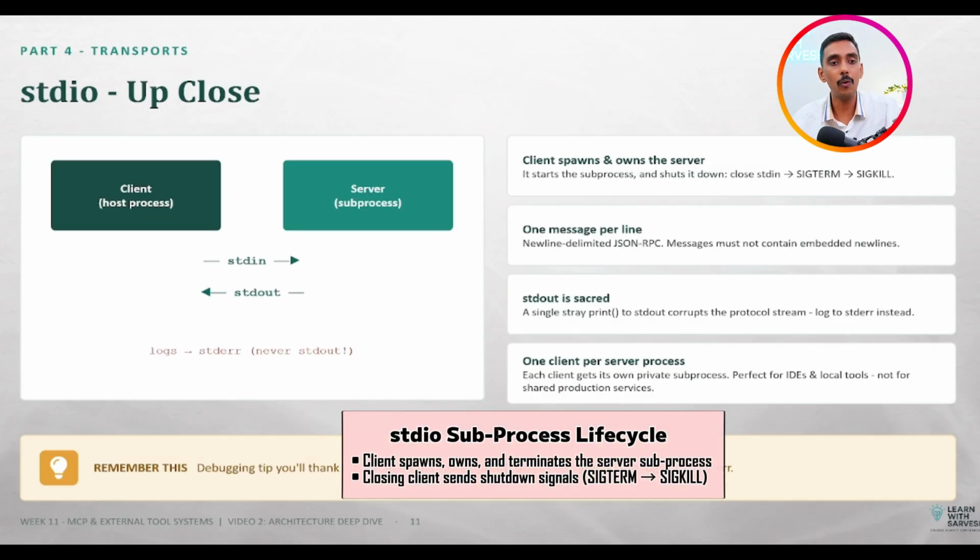Now STDIO up close, with details that interviewers and production bugs love. This is a fantastic slide. The client owns the sub-process. The client launches the MCP server as a sub-process and owns that process.